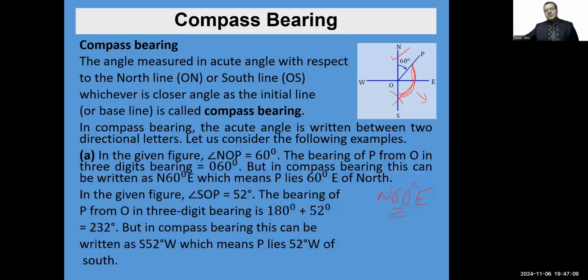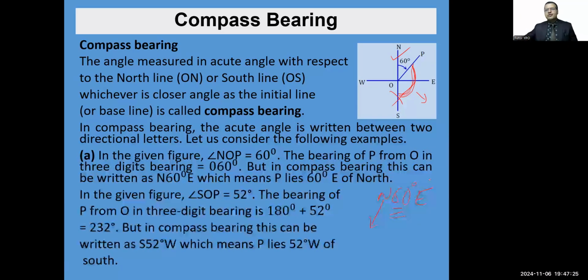But what does this N mean? N means the initial line is the north line. And 60 degrees east means the point lies towards the east at 60 degrees.